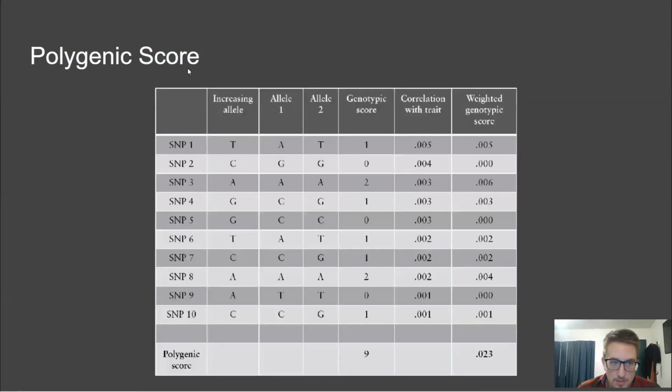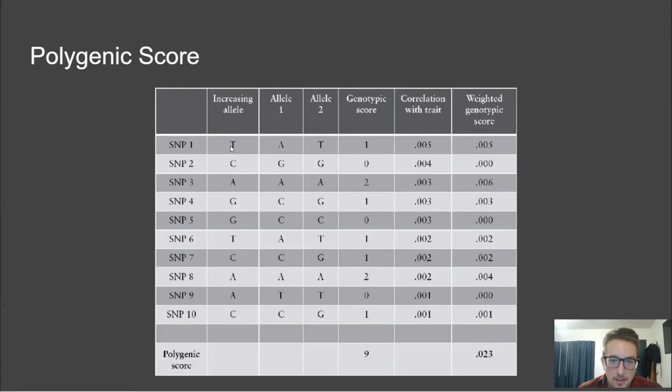So for anyone that wants to calculate a polygenic score on any trait or disease, we're living in a day and age when you can get your genotype done, and if you know the genes that you're looking for, you can add up your polygenic score for anything. And how you do that is, say these are the disease alleles right here, and you've identified 10 SNP locations that you're looking at.